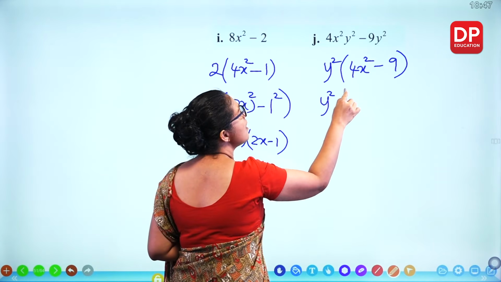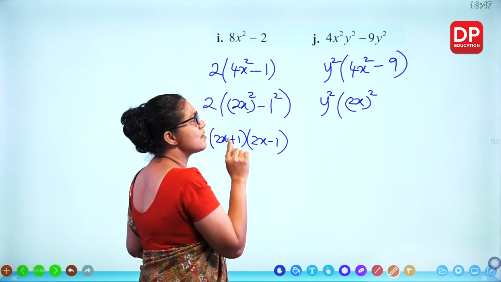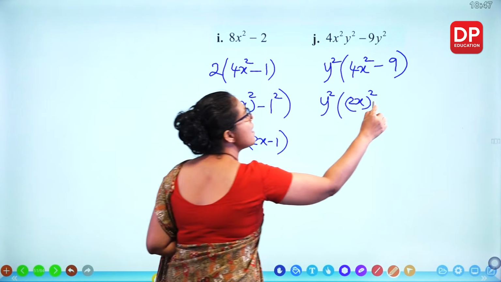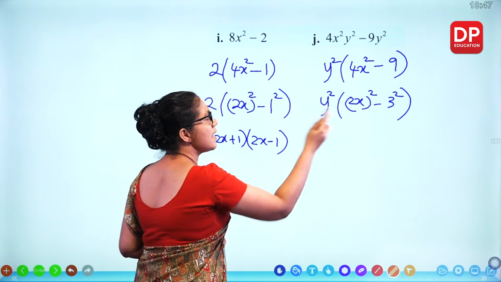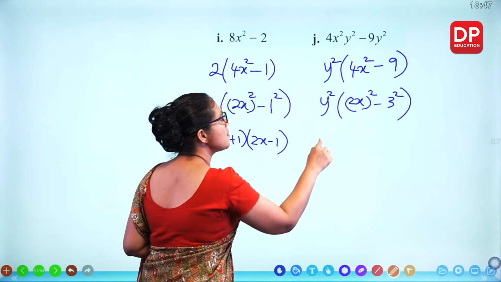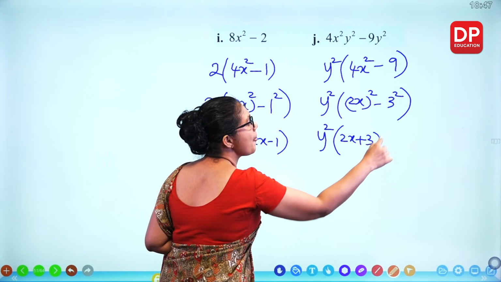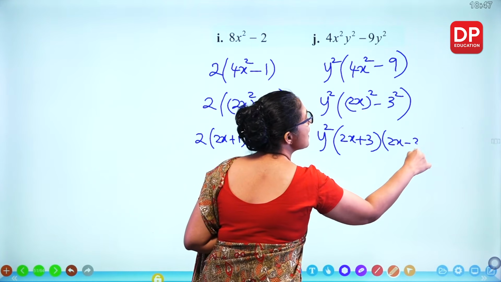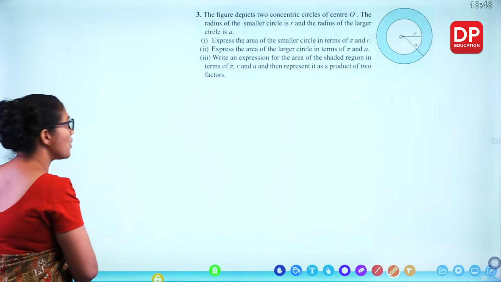So here I can write 2x whole thing squared instead of 4x squared. I can write 3 squared instead of 9. Again, difference between two square terms I can write as 2x plus 3 and 2x minus 3. Now we'll move to the next question.